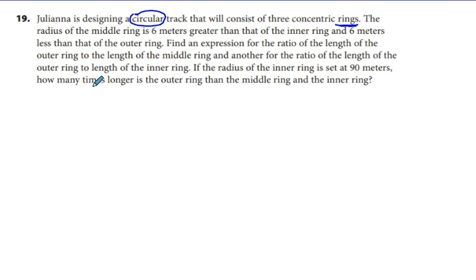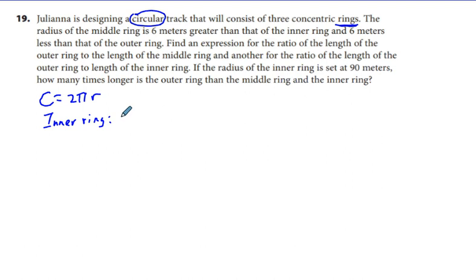Basically, what we're looking at here is the circumference of a circle, and the circumference is equal to 2 pi times the radius. So for the inner ring, what is our expression going to be?